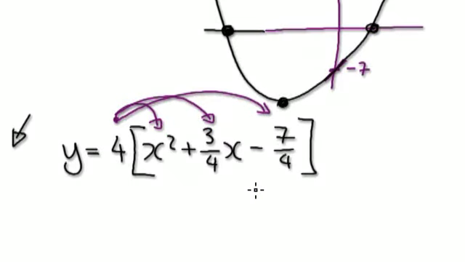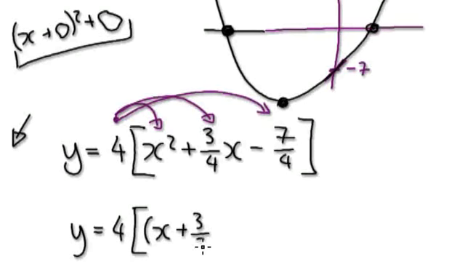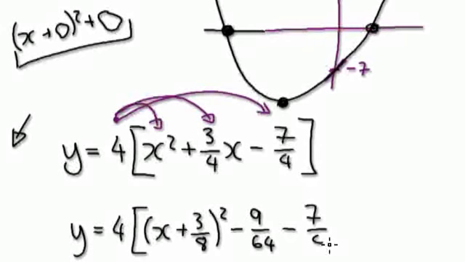Now your next step is to write it in the form of x plus blah blah squared plus blah blah. So this will be y equals 4 bracket x plus 3 over 8 squared, then immediately minus the rubbish. The rubbish will be 9 over 64, and then take that 7 over 4 down.